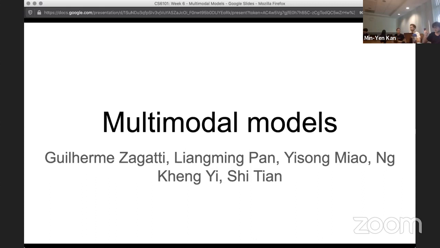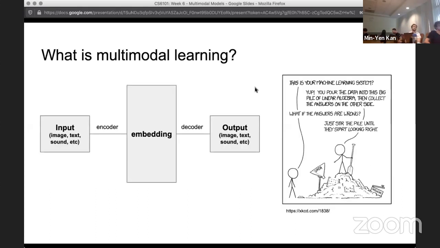Okay, so today we're going to talk about multimodal models in machine learning. Multimodal models are models that take as inputs any sort of data that you can imagine. It could be, for instance, image, text, sounds, but it could be anything that you can represent in a computer.